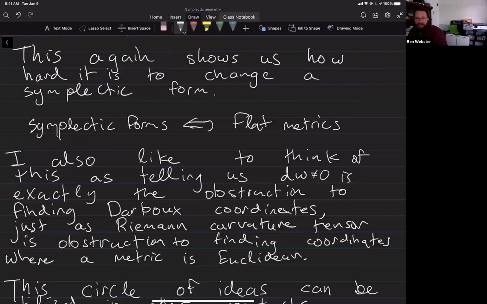If the Riemann curvature vanishes, you can do that; if it doesn't vanish, you can't. Similarly, there's this obvious symplectic form on R2n, and the exterior derivative of your form is the obstruction to a two form looking locally like that one.